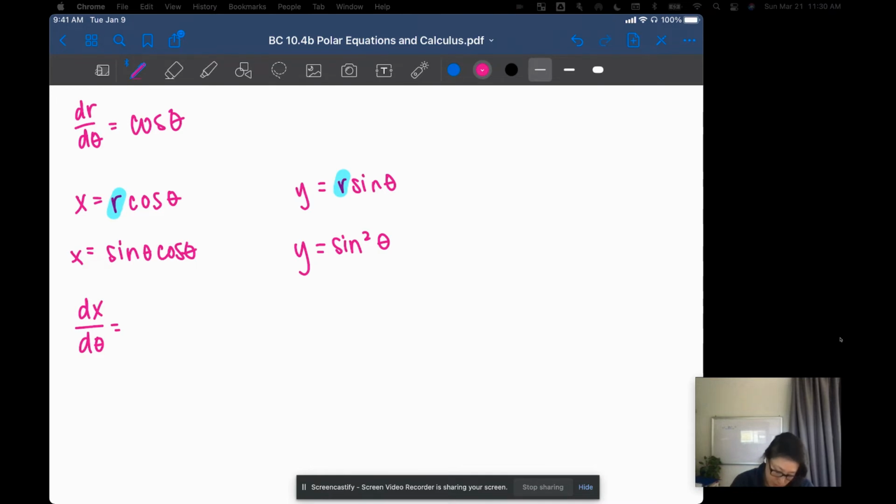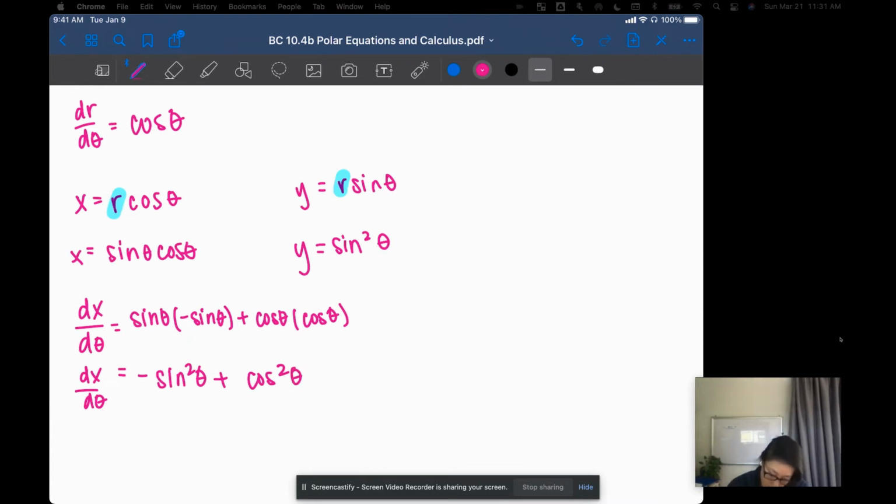So the left, sine theta, times the derivative of cosine theta, which is negative sine theta, plus the right, cosine theta, times the derivative of the left, which is the derivative of sine, cosine theta. So dx/d theta is equal to negative sine squared theta plus cosine squared theta.